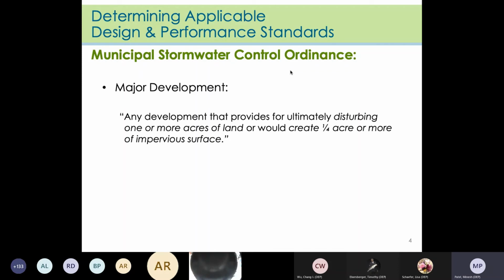It was defined similarly to the way the state defines it, that provided for ultimately disturbing 1 or more acres of land or would create a 1/4 acre or more of impervious surface. First, you shall check if the municipality uses only 1 acre of disturbance as the trigger for major development, or also has the increase of a 1/4 acre of impervious surface as a trigger. In this example, as you see here, the SCO uses both.